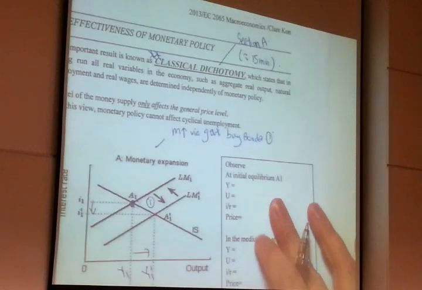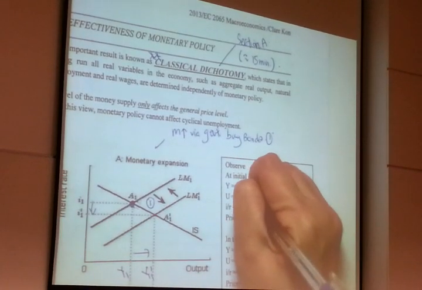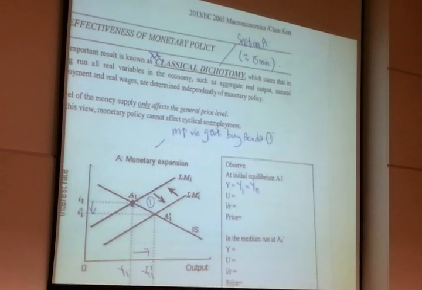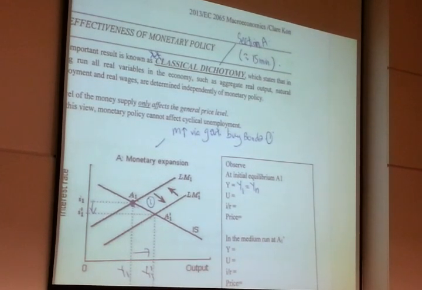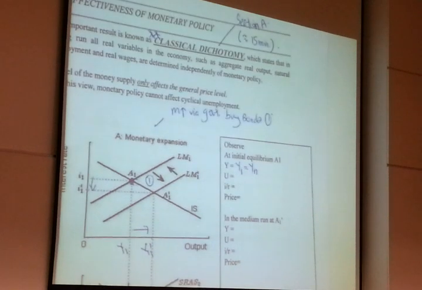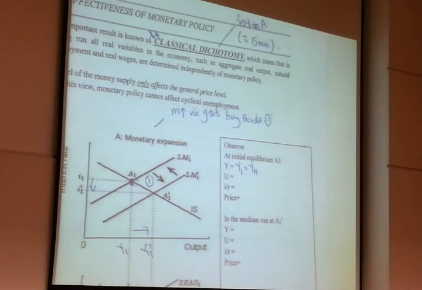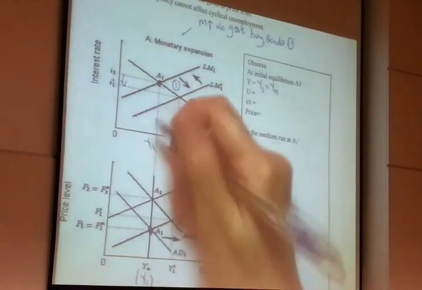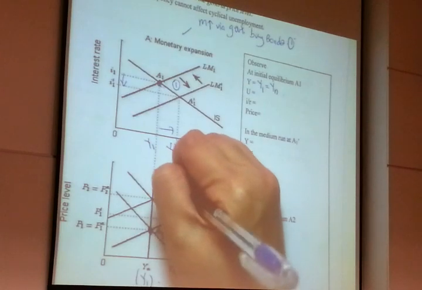Okay, so look at this point here, output was Y1, and we assume it is equal to Yn first. This is an assumption. So in the past, when you do ADAS, you merely shift, but here it was intentional. We let the economy start at long run. So in other words, this vertical line here, you can label it as LRAS.